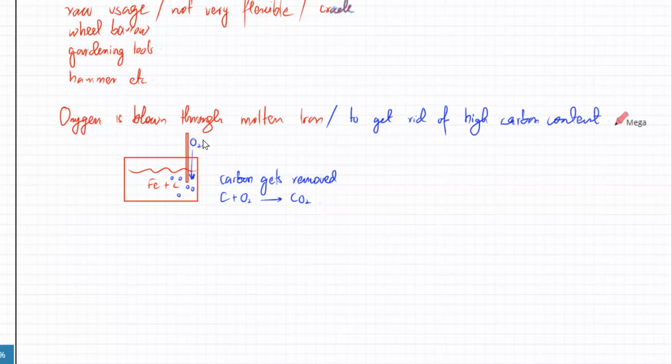Okay, is this clear? Yes, sir. Okay, second is you've got mild steel. Mild steel will have low carbon content.